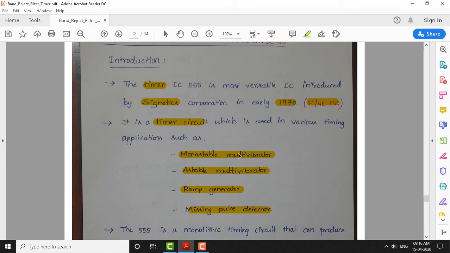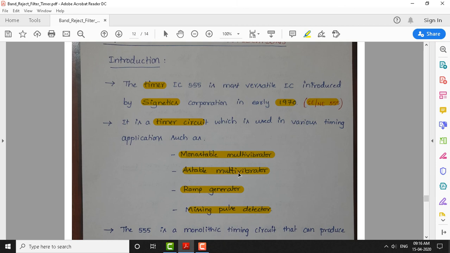Here, the multivibrator stays in one state unless we apply the triggering pulse. Once we apply a triggering pulse, it moves to another state. That means an external pulse is required to change the state. Such multivibrator circuits are called monostable multivibrators.